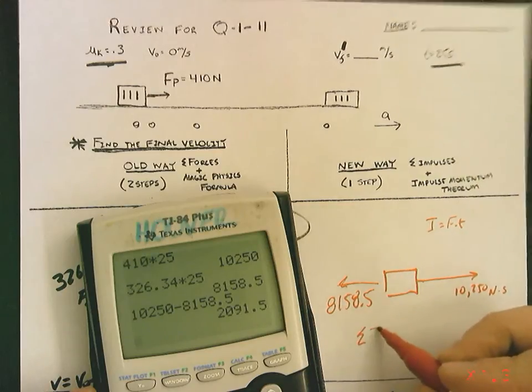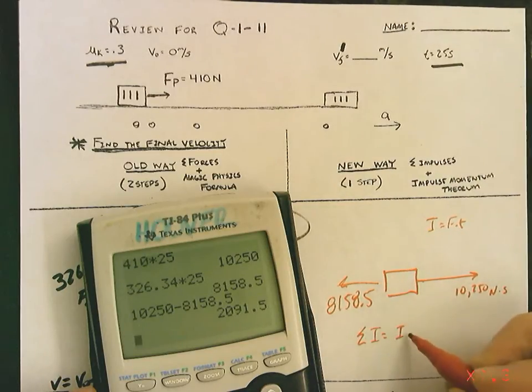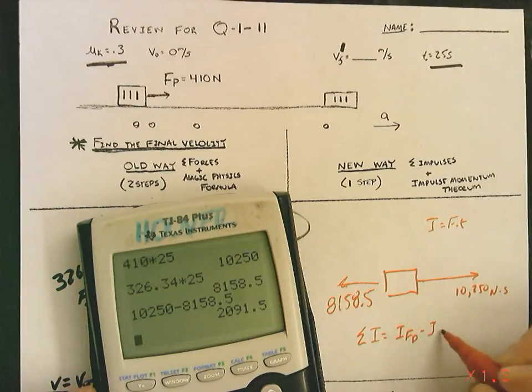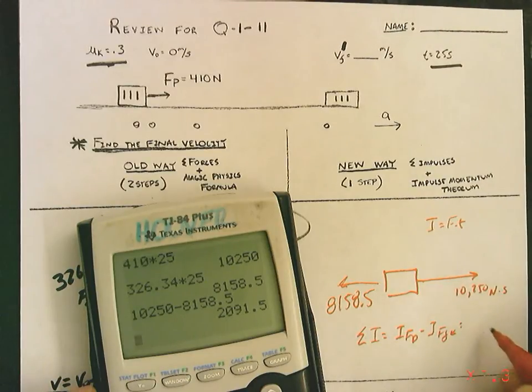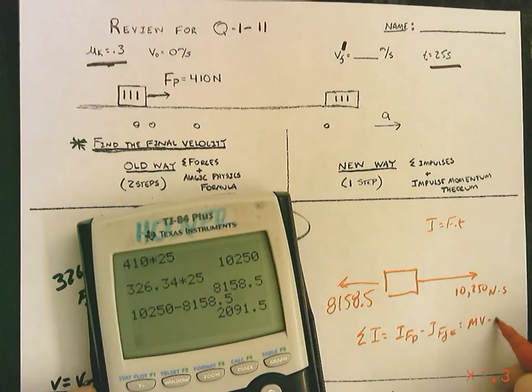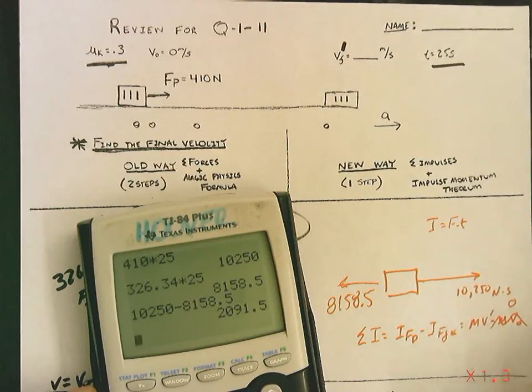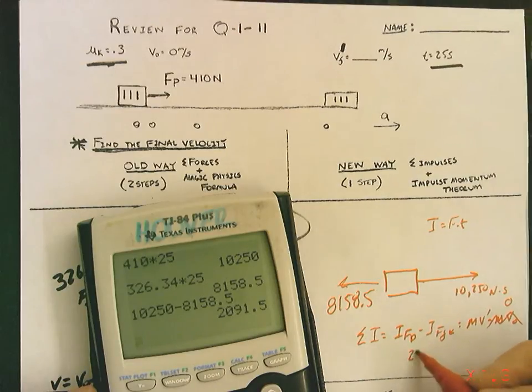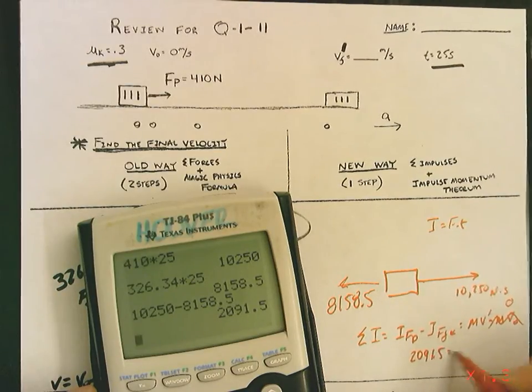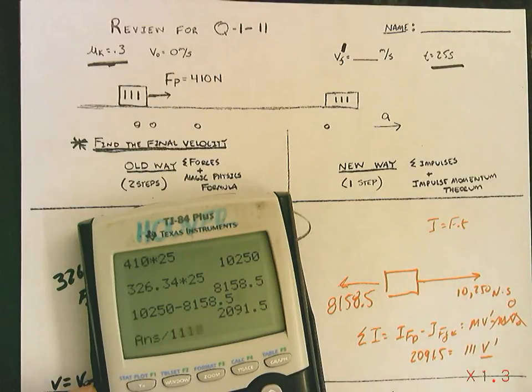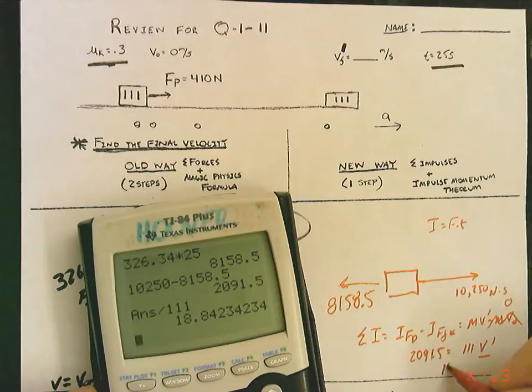So sum impulses, impulse created by FP minus impulse created by FFK equals mv minus mv. Considering that it started at rest, all this kind of goes away. So I'll have 2091.5 equals 111 times V final. So divide by 111 and we get 18.8 again.